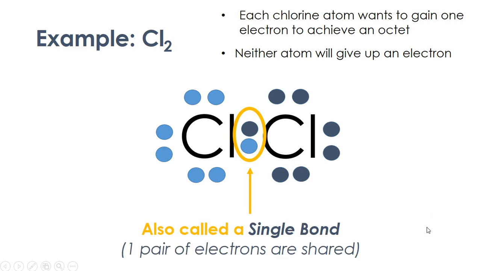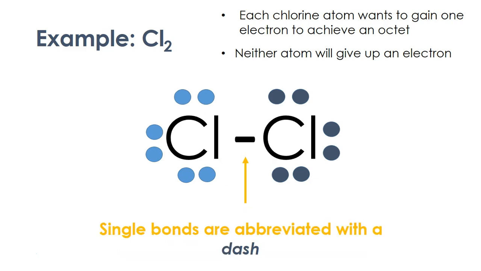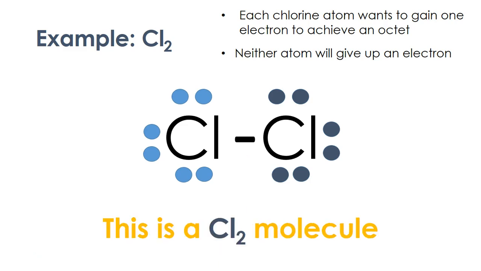You can also call this a single bond because only 1 pair of electrons is being shared. To clean things up, you can replace your bonding pair by putting a dash. Single bonds are abbreviated with a dash. Overall, this is a Cl2 molecule, and this would be the final answer.